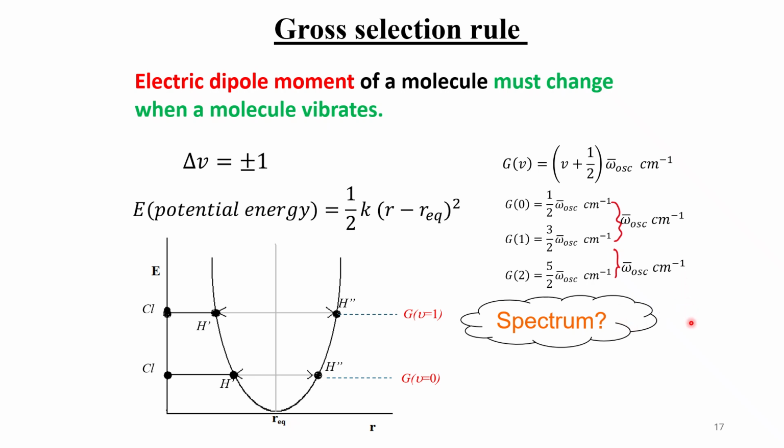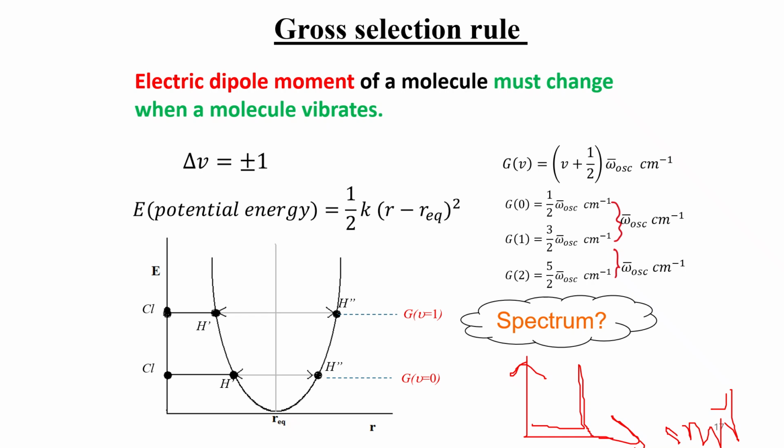And what will be observed in the spectrum? The spectrum will only show the appearance of one peak at the position of the vibrational frequency. If you still remember how to generate the spectrum, the x-axis is the wave number. This will give you the absorption, for example.